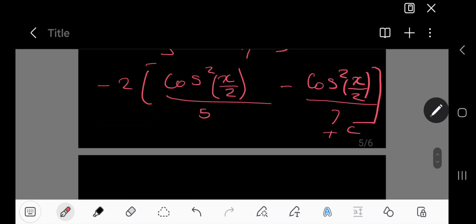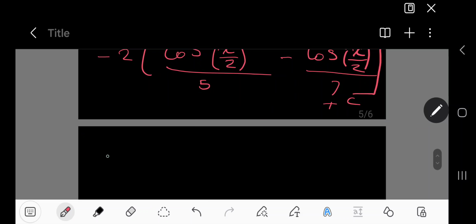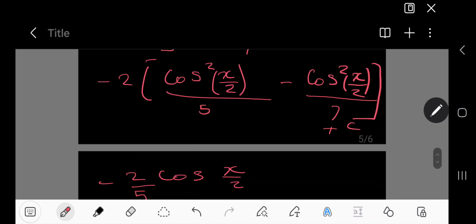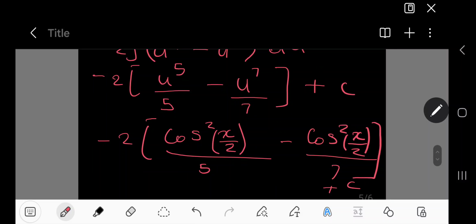Now we need to take these two inside now. This is going to give us minus 2 cos x over 2 divided by 5. This cos is raised to what now? Why did I raise that to 2?